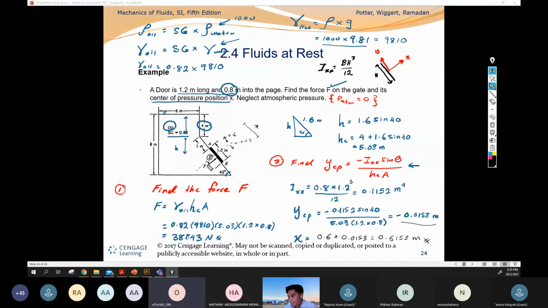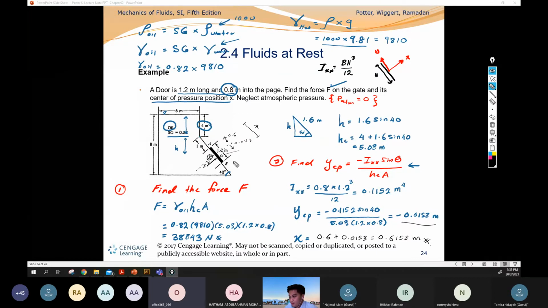Now, where is the F located? Below the X, on the YCP, right? Okay.